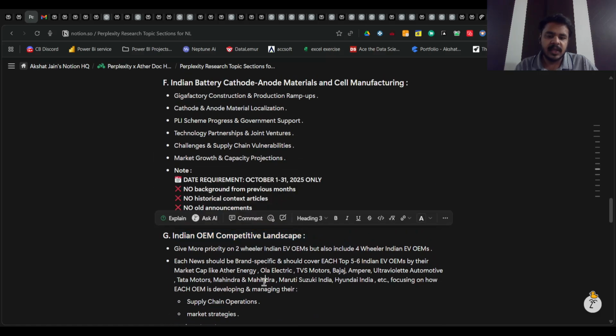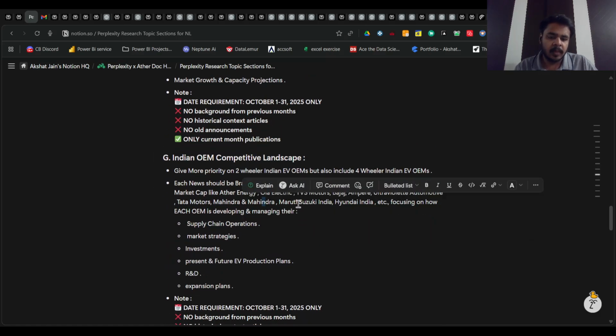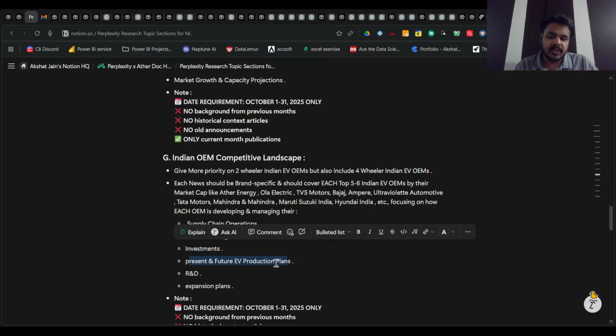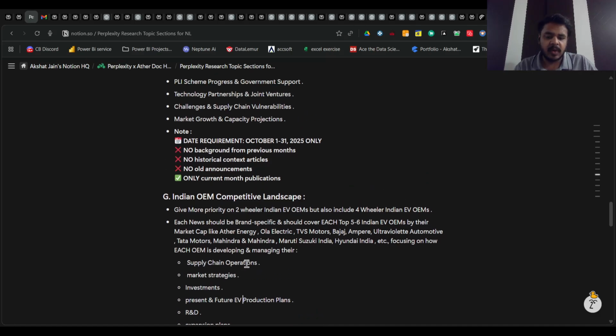Basically, it includes the top five and six EV companies in India, like Ather Energy, Ola Electric, TVS Motors, Bajaj, Ampere, Ultraviolette Automotive, right? And some four-wheeler OEMs like Tata Motors, Mahindra, Hyundai India, Maruti Suzuki India are focusing on and developing their supply chain operations, market strategies, investments, and future EV production plans, right?